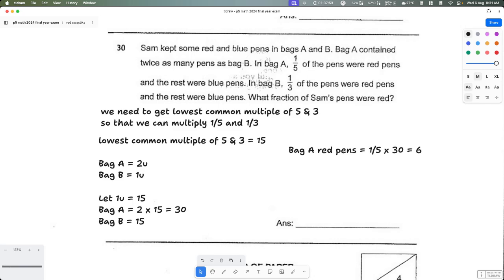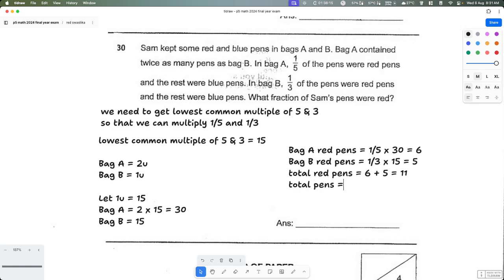Then bag B red pens is 1/3 of 15, which is 5. So total red pens is equal to 6 plus 5, which is 11.